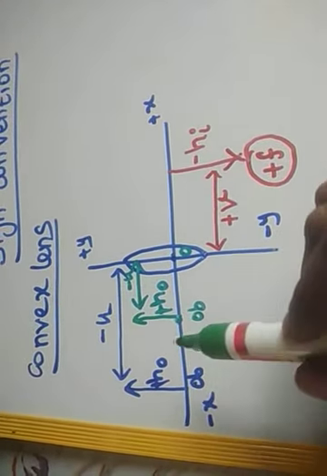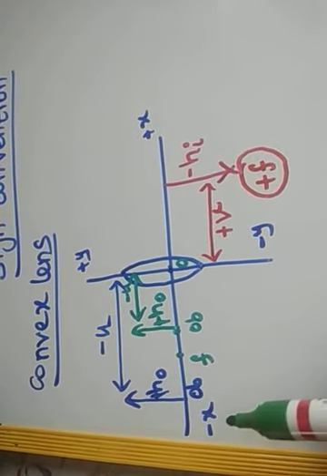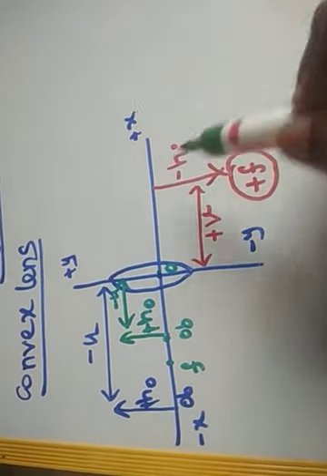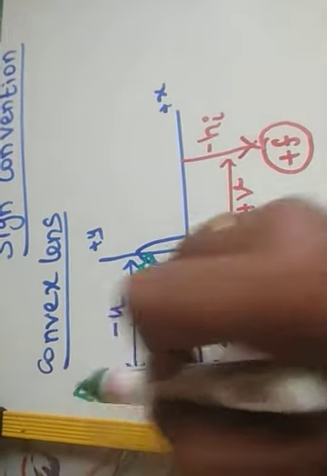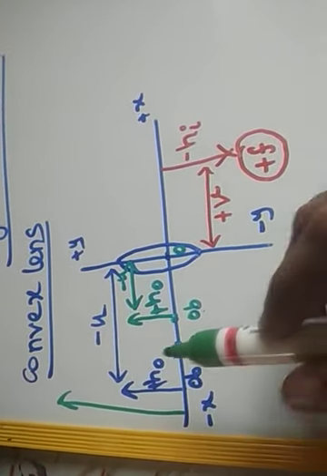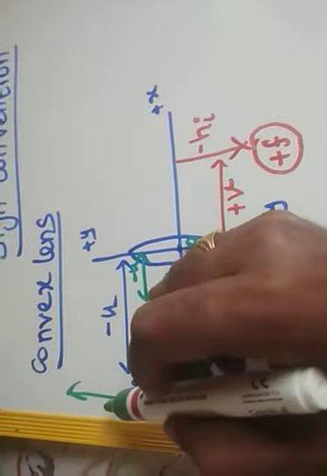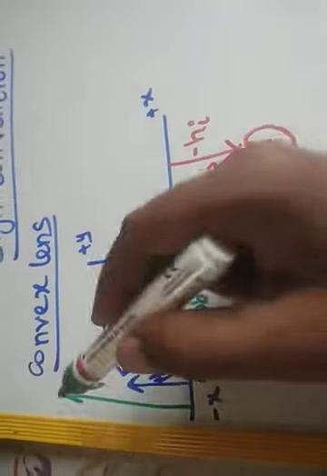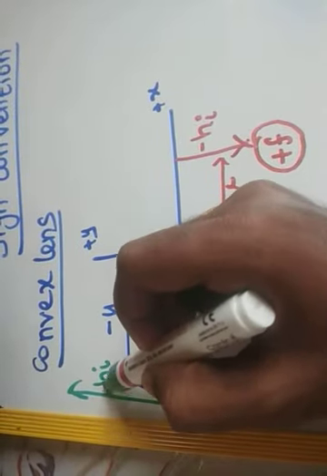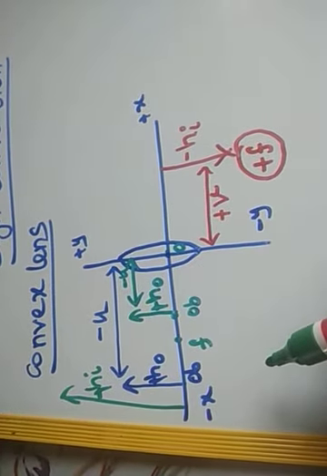Then where will the image be formed? Yes, very good. The image is not real and inverted. The image is virtual and erect. It will be formed on the same side. The image height is h_i, which is along the vertical positive y-axis, so it is plus y.